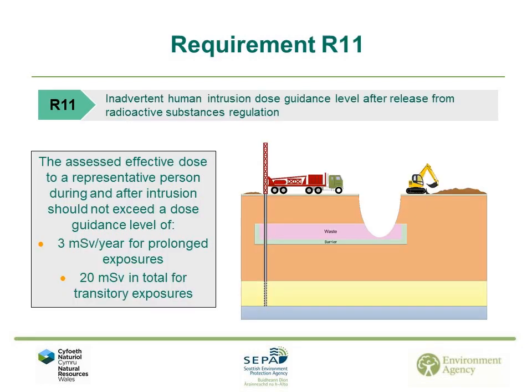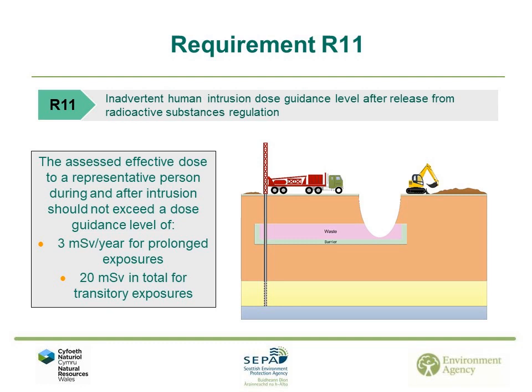Requirement R11. Requirement R11 states that operators should assess the potential consequences of inadvertent human intrusion into any local concentrations of radioactive substances on the site after release from radioactive substances regulation.